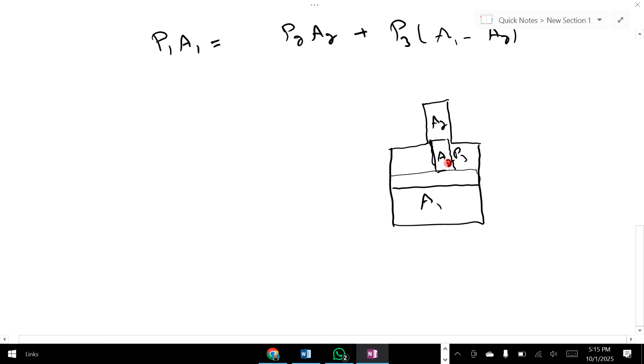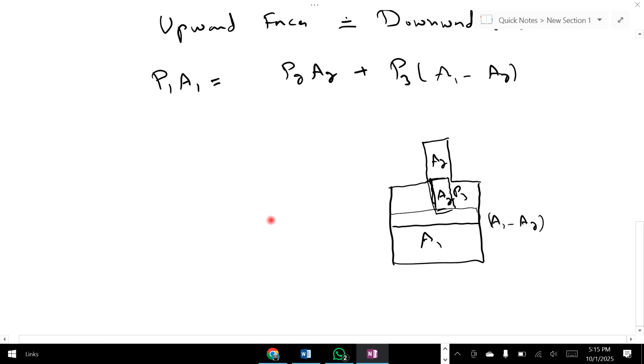So the area for P3 will be A1 minus A2. So P1 A1 is equal to P2 A2 plus P3 (A1 minus A2). This is the equilibrium condition: in the vertical direction, upward forces will be equal to downward forces.